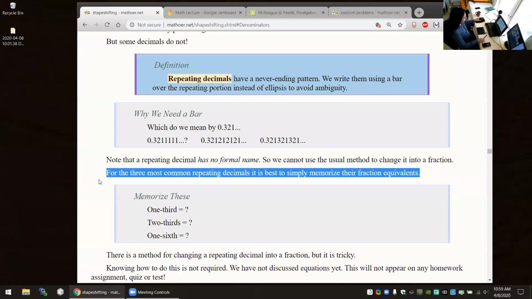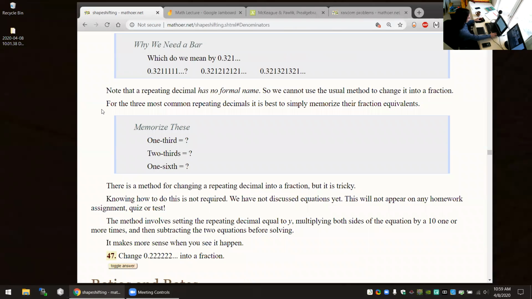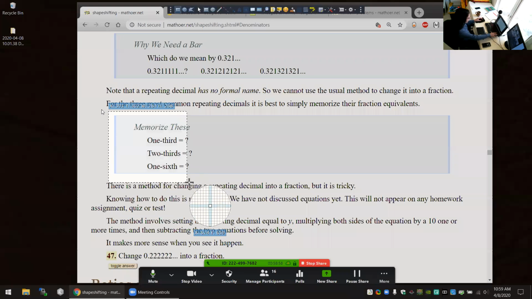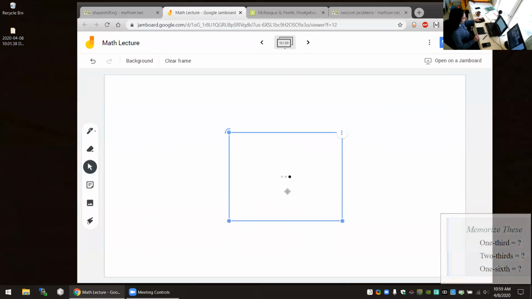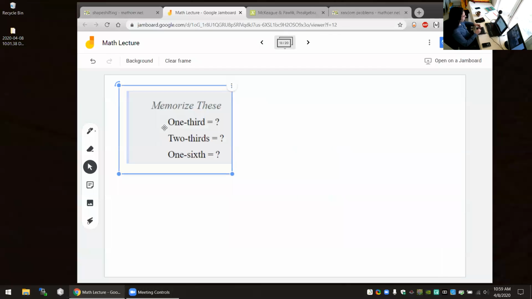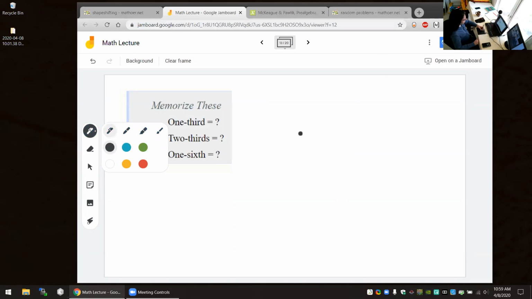So 3 of these are important enough that for one direction, they're worth memorizing. If I want 1/3, and I want to take that and make it a decimal, I can just do top divided by bottom and I get 0.3 repeating forever.